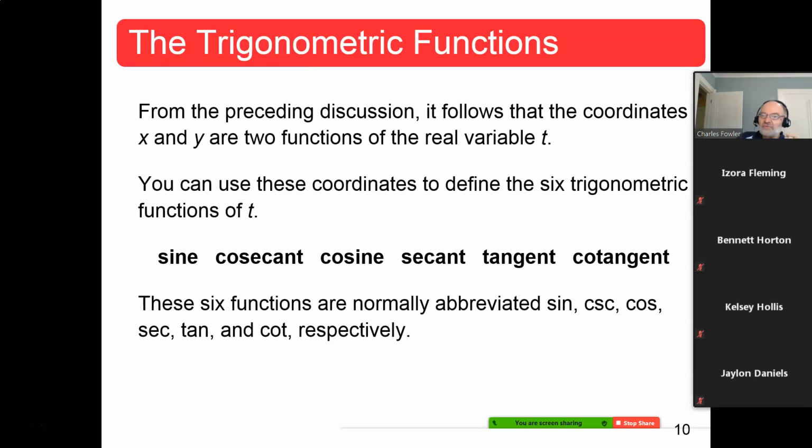You can use those coordinates to define these 6 trigonometric functions of t. Here are our 6 trig functions. We'll use these throughout the course.